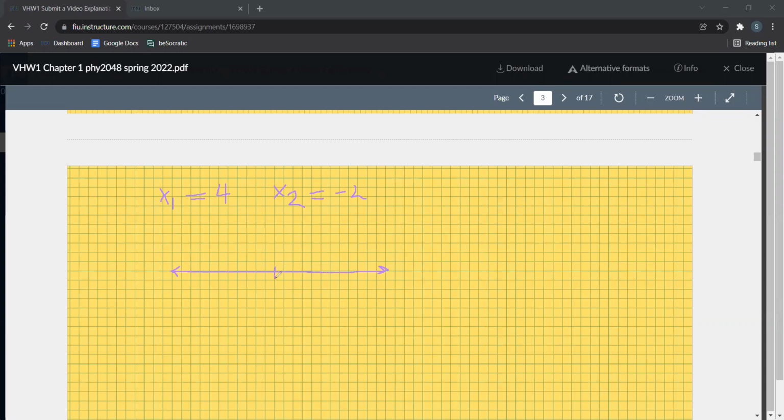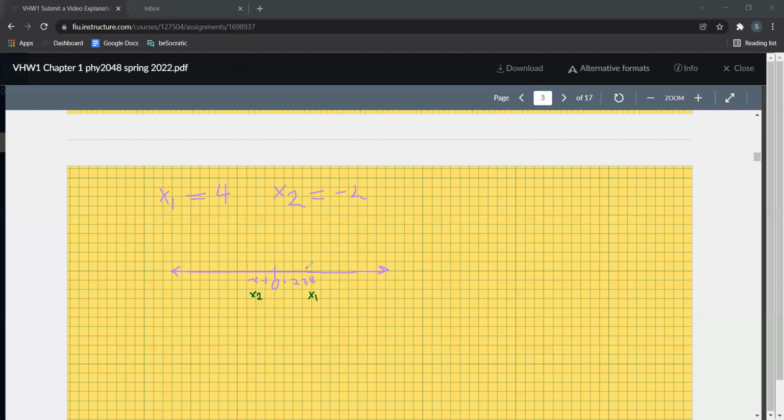Say this right here is 0. So we have 1, 2, 3, and 4. And over here we have -1, -2, right? I'm going to change my color again. That's my x2 at -2, and my x1 is at 4.